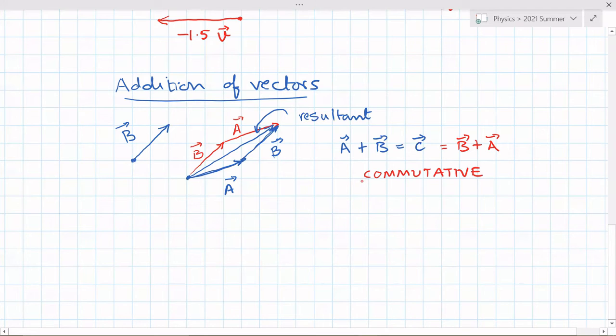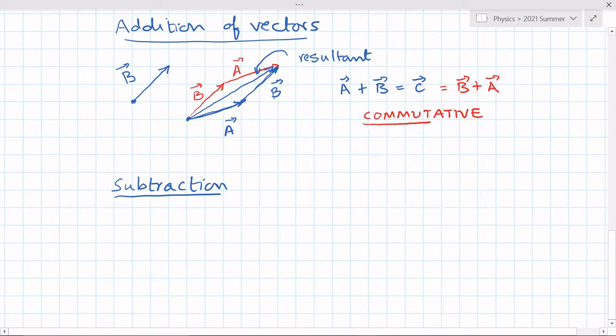It comes from the word commute, like you go to work and come back, right? So here A is going to B's position and B is coming back to A's position. So they're switching position, but they're going back and forth. That means the sum doesn't change even when A and B exchange places.